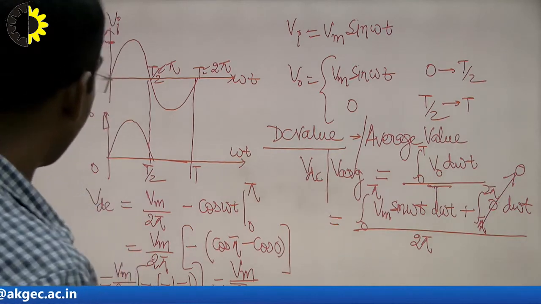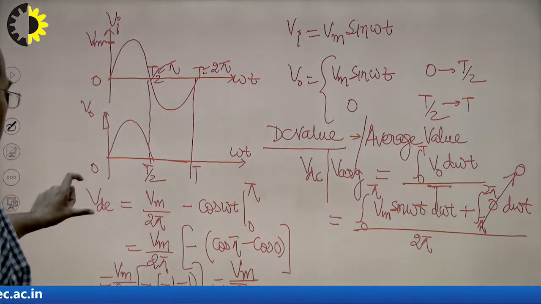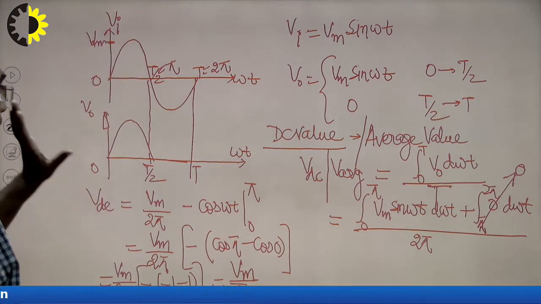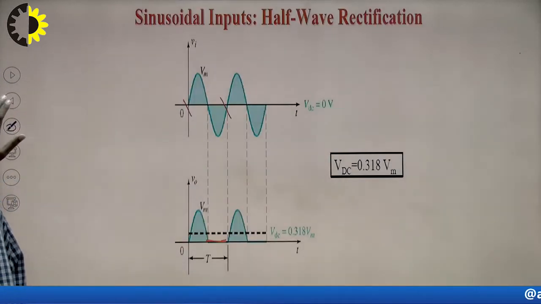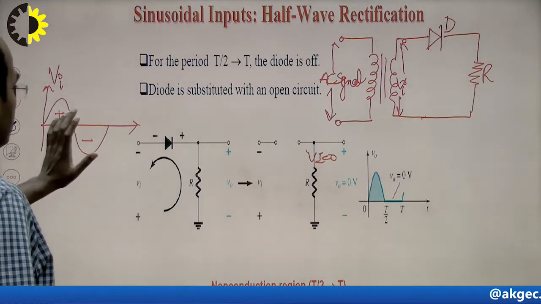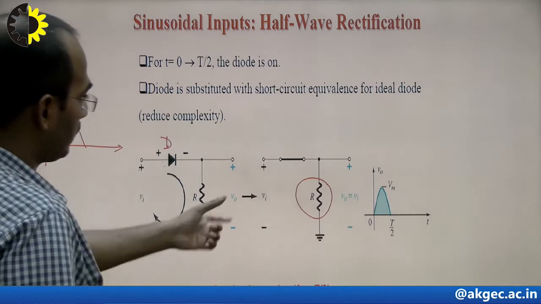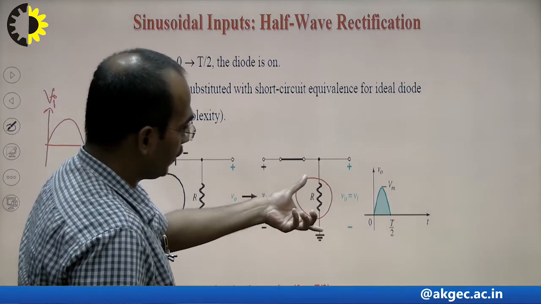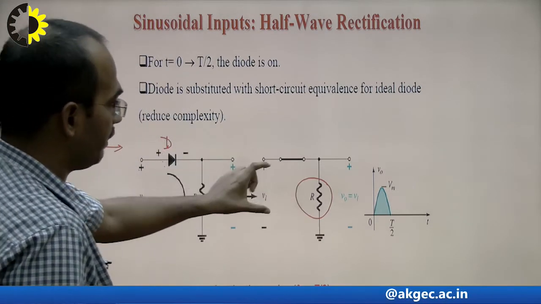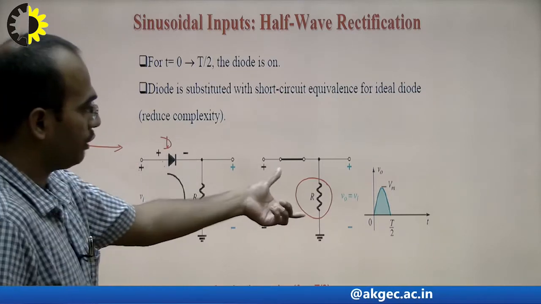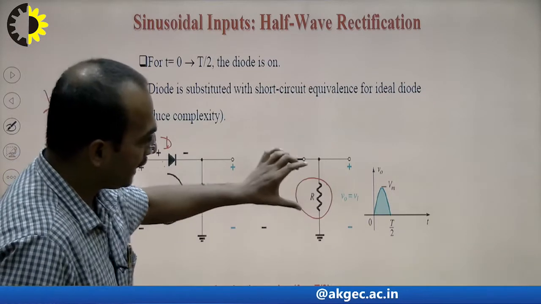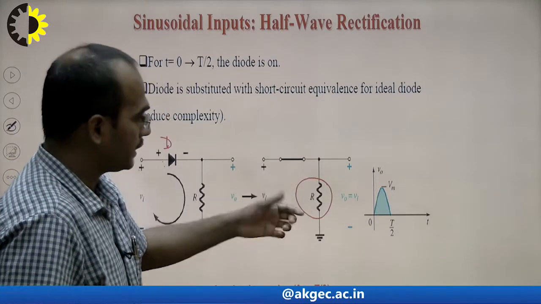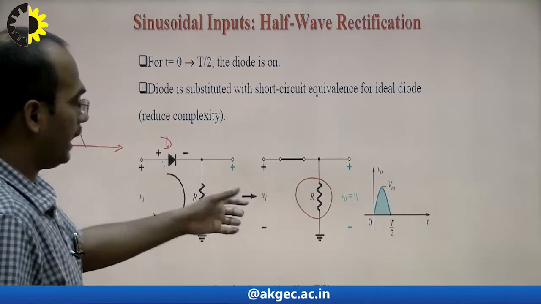Similarly, we can find the DC value of the current. For finding the DC value of current, you can see from this circuit that I am finding the DC value across this load resistance. Once I have found the value of DC voltage, then what will be the value of IDC?